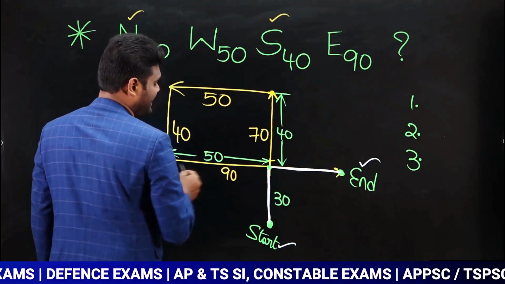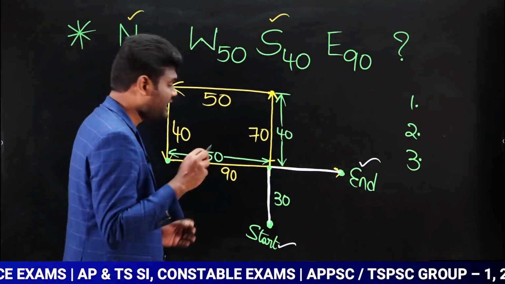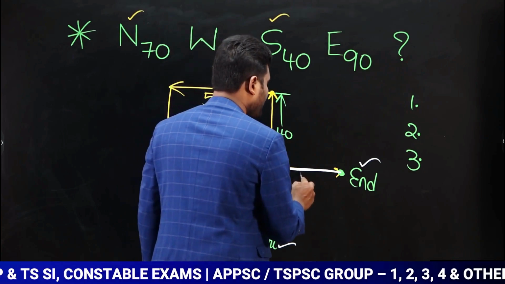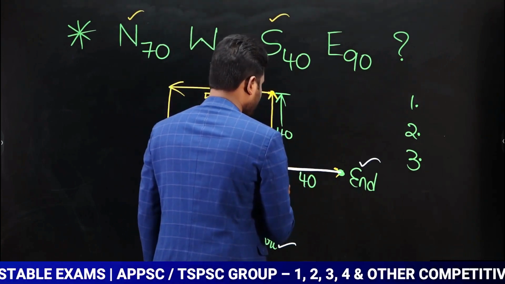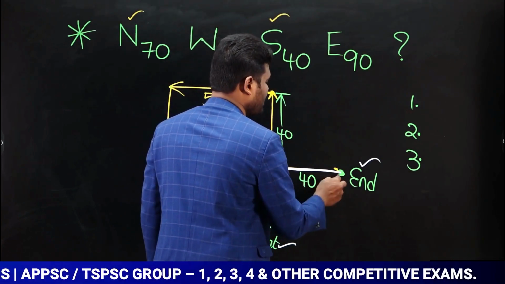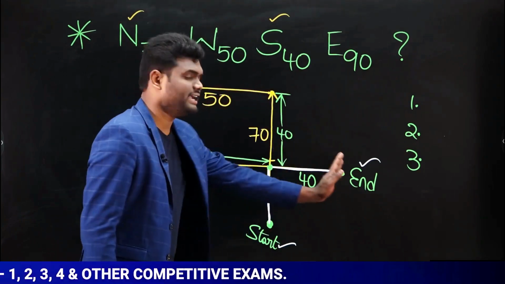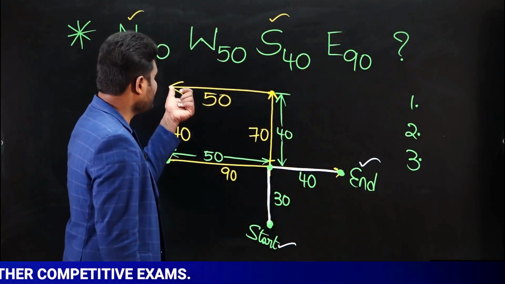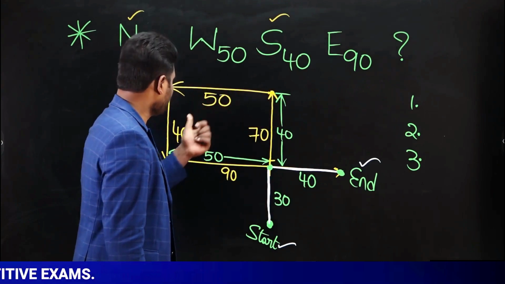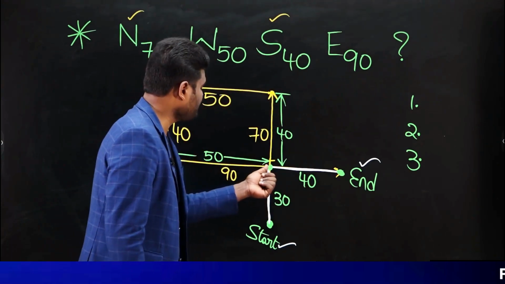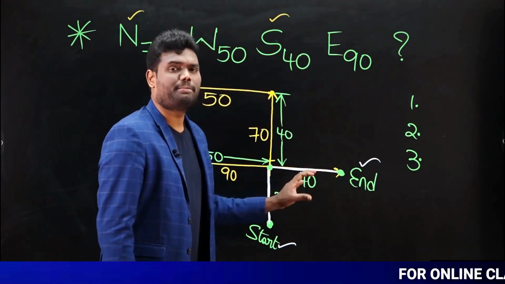Out of total 90, this is 50. Then the remaining balance is how much? Remaining balance is going to be 40, which means from here to here, this is going to be 40. Is it clear?